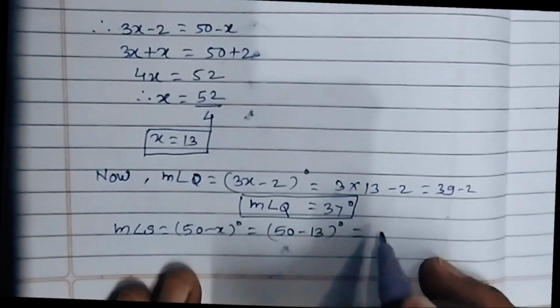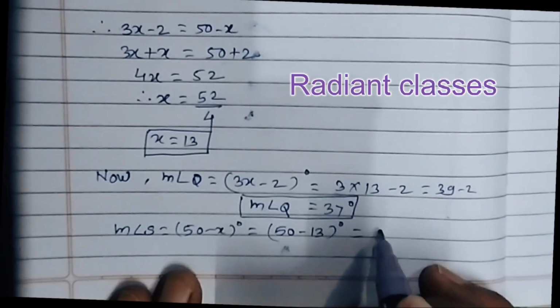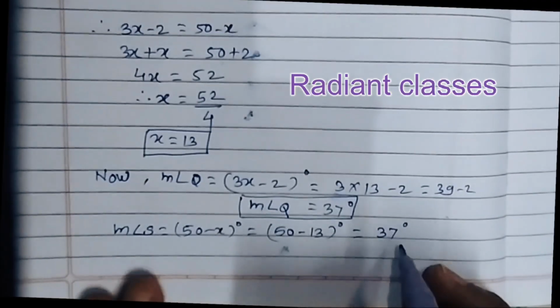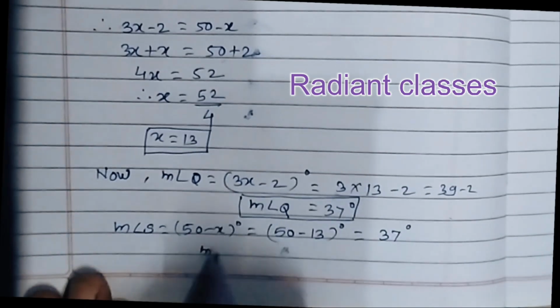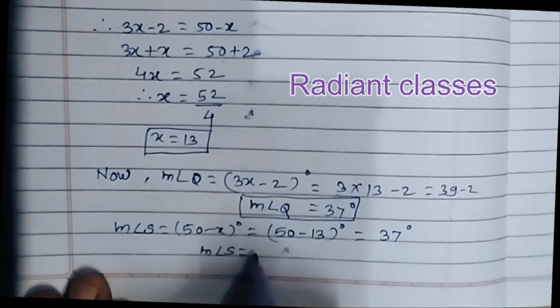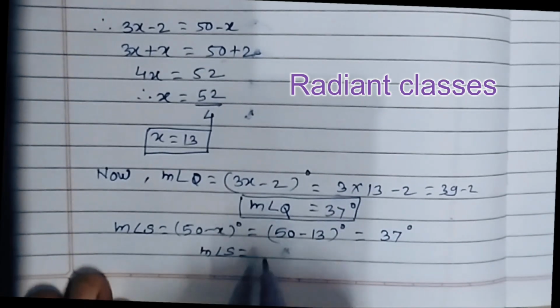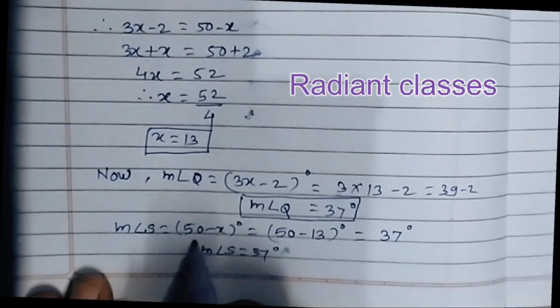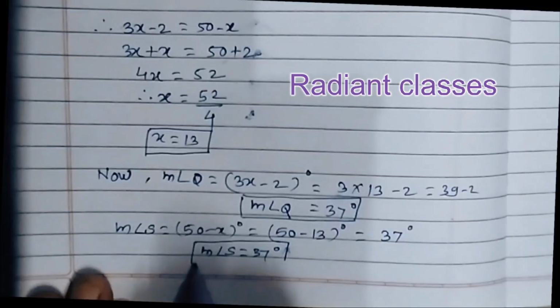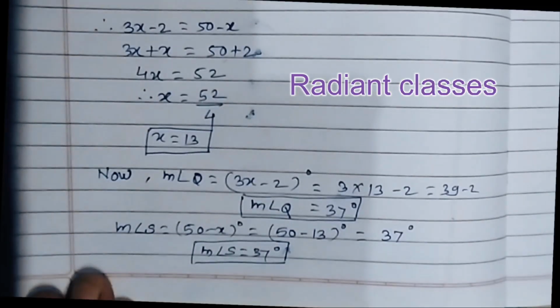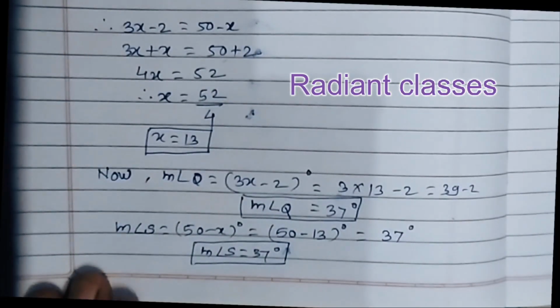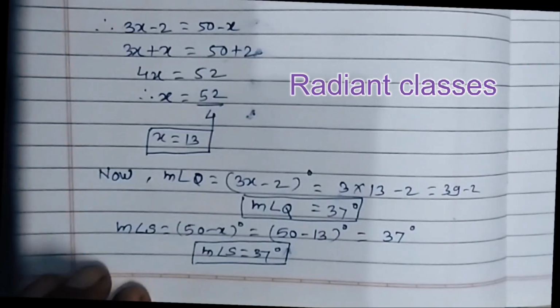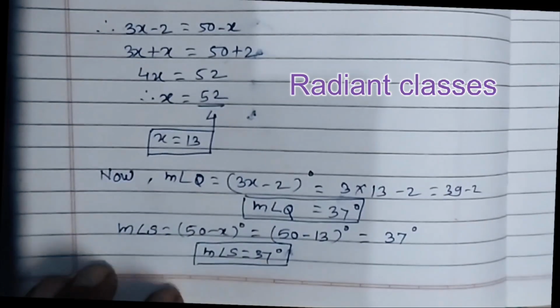So here we get 50 - 13, that is 37. Here we get the same value of angle S and angle Q, because they are opposite angles of a parallelogram. So they are congruent. So we get the value of both angles as same.